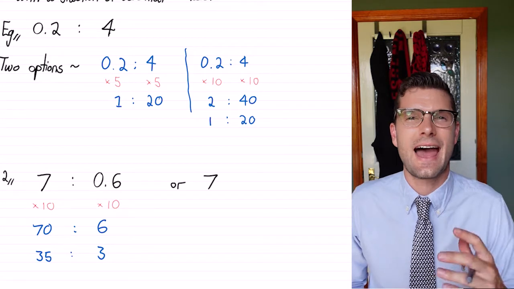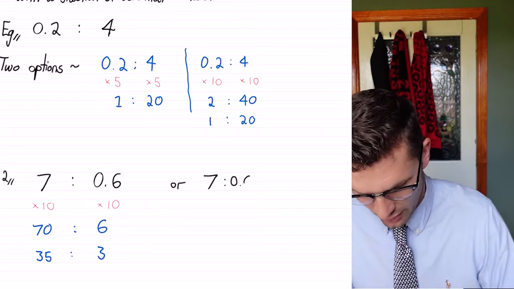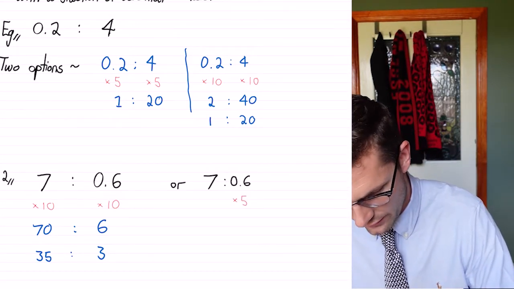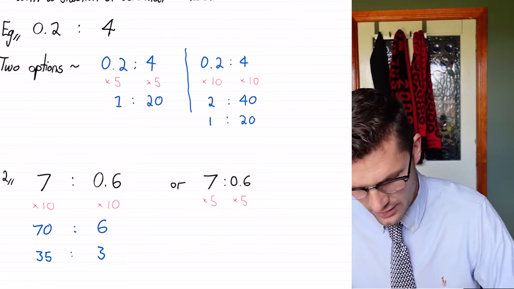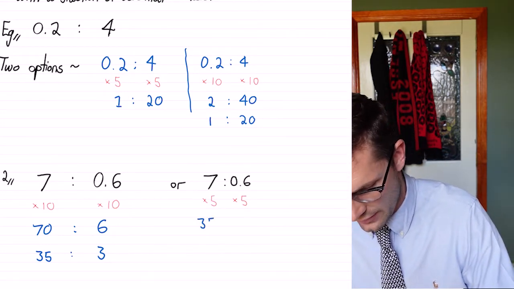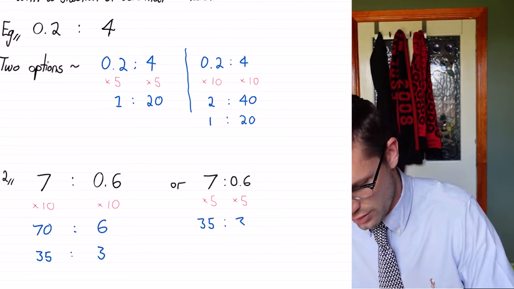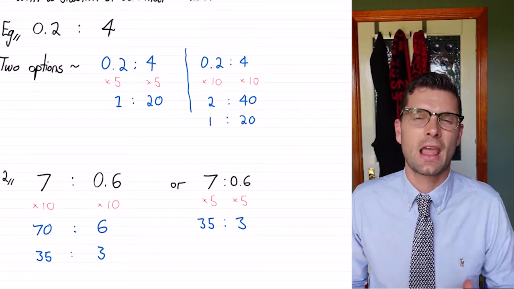Or I could do it as 0.6 multiplied by 5 will give me a whole number. So this gives me 35 to 3 straight away.